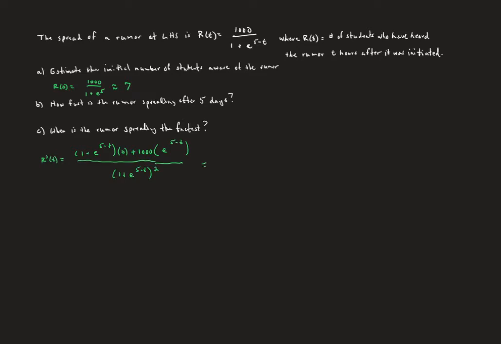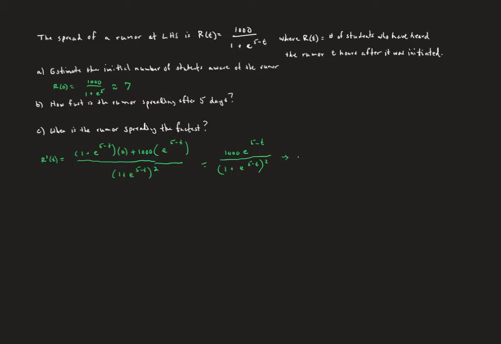So it looks like that's going to be 1,000 times e^(5 - t) all over (1 + e^(5 - t)) quantity squared. Then we're going to evaluate that at 5.